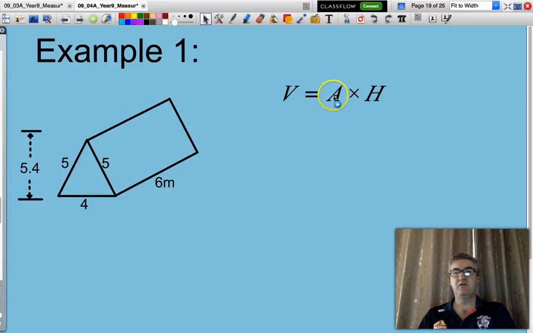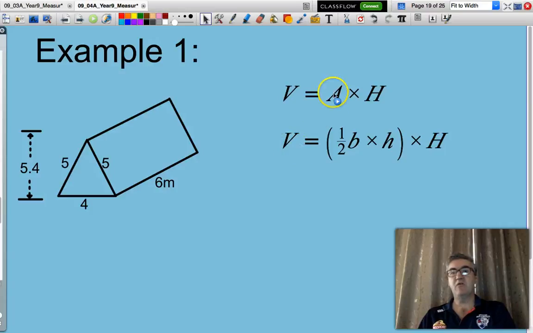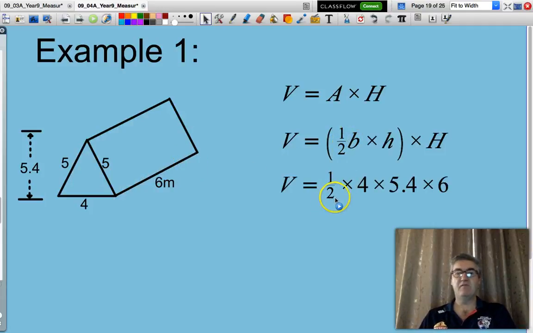So what I need to do, calculate the area of the triangle, that's that area there, and multiply by the height. Put some numbers in, a half area of my triangle, 4 times 5.4, and multiply by 6, which is the height along there. That will give you the volume of this particular triangular prism.